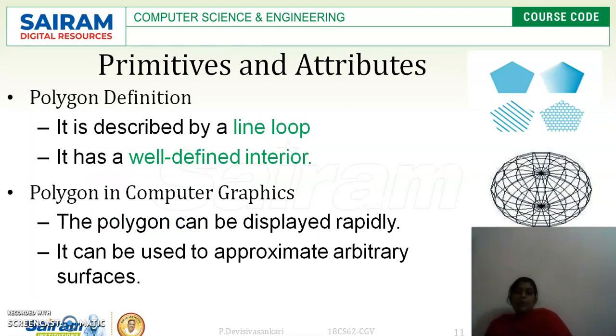The polygon definition is that obviously the polygon should be described by using the line loop, because it is a complete structure, right? A polygon means we should get some closed object, right? So it should have a well-defined interior also. The polygon in computer graphics is used to create shapes like this.